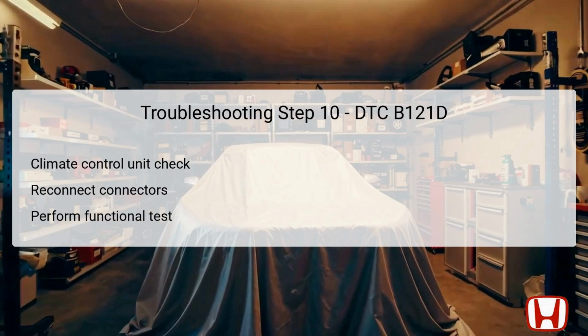The final troubleshooting step involves executing a comprehensive check of the climate control unit itself. Start by reconnecting the climate control unit's 32P connector to restore its connection with the system. Next, again use a jumper wire to connect terminals A and B, similar to previous steps.